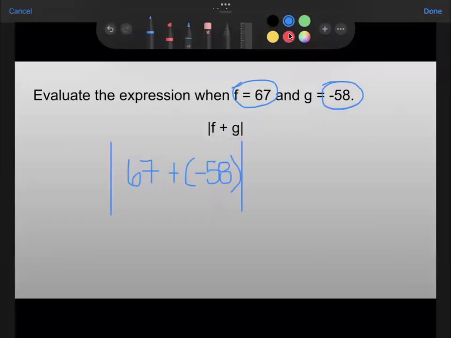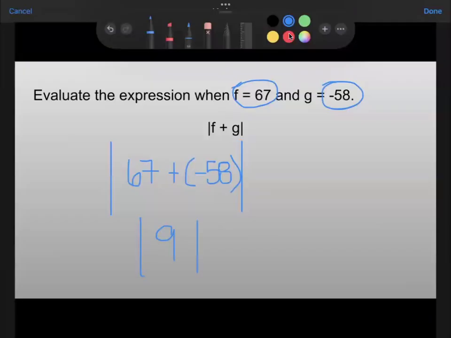Okay, so that means before we get into the absolute value part, we need to calculate what's inside the absolute value bars. So we need to do 67 plus negative 58. So we'll go ahead and calculate that. And when we do, we should end up with 9 inside these bars. So now we can talk about the absolute value part.